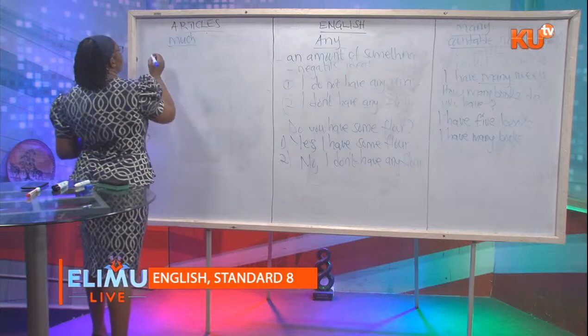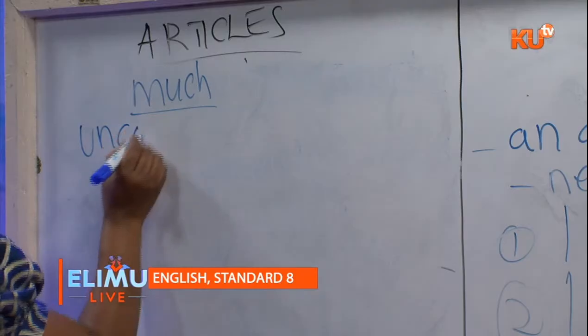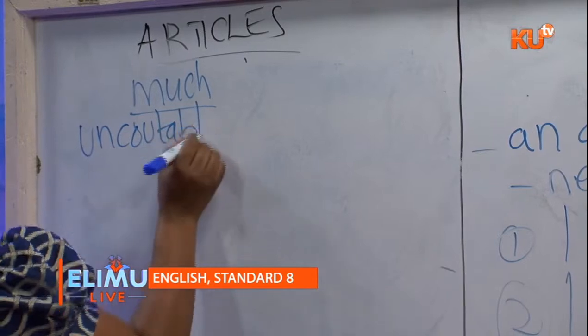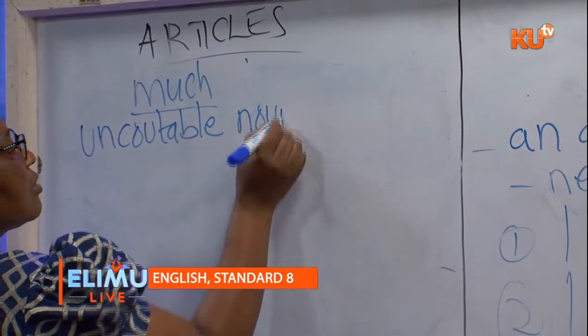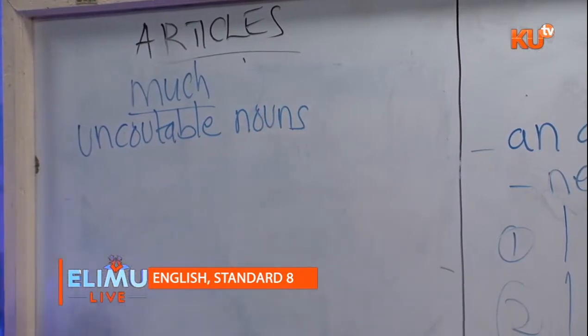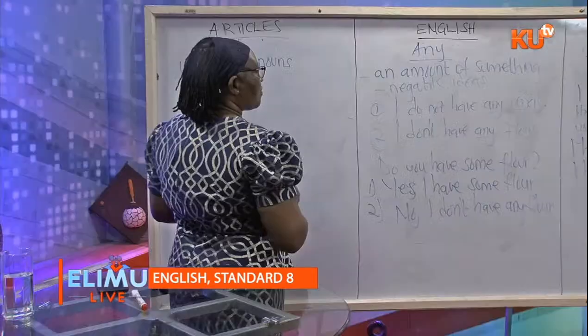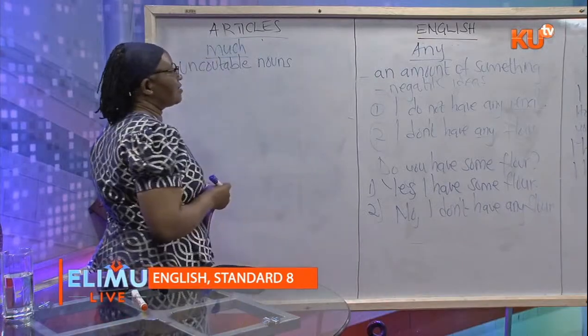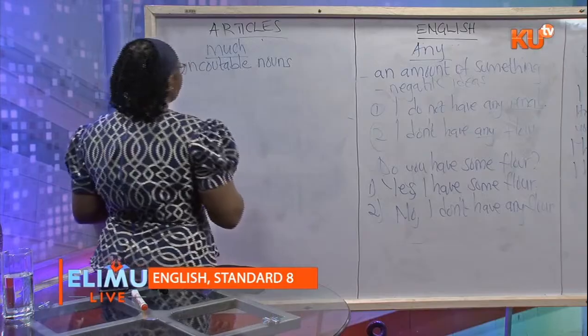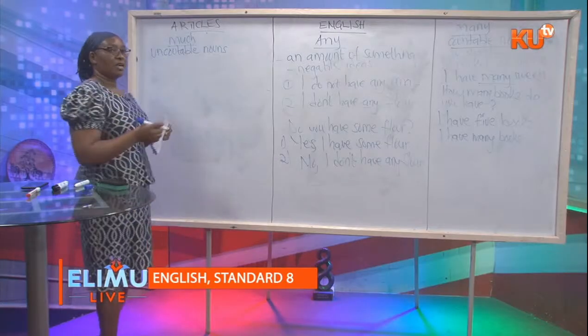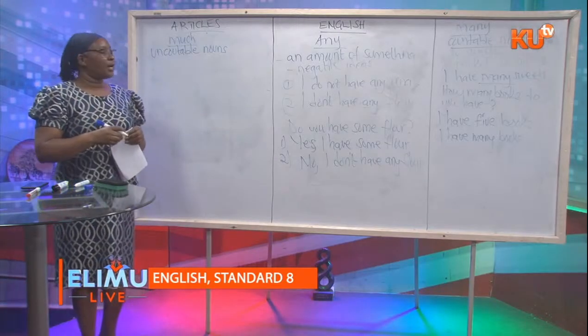The word much is used with uncountable nouns. It is used the way we use the word many. The only difference is that much is used with uncountable nouns, things we cannot count.